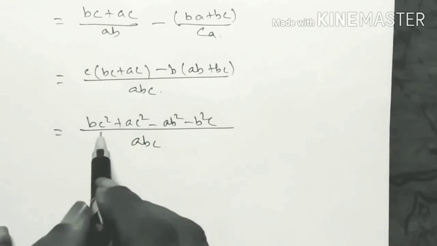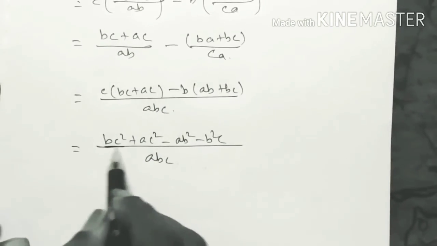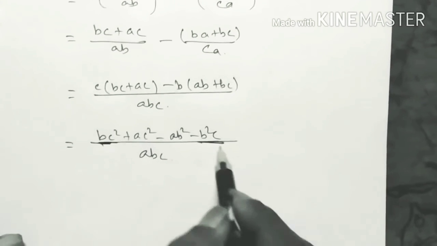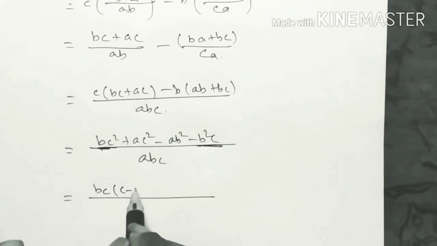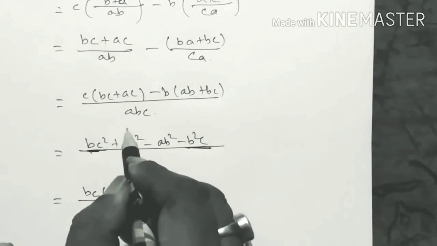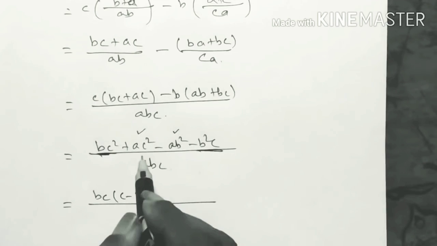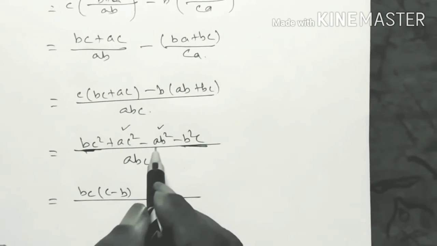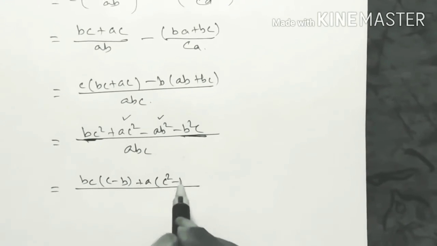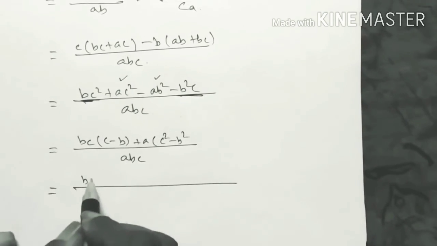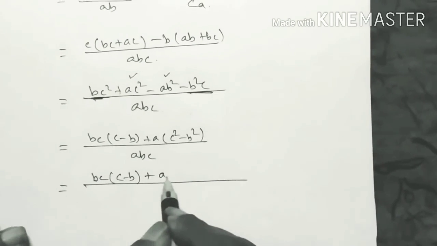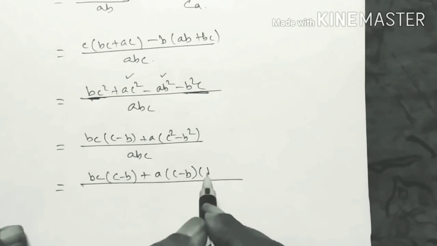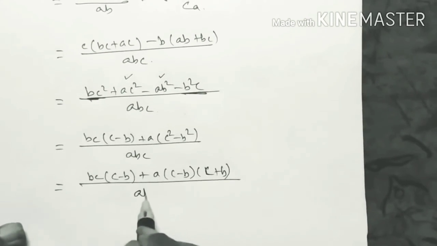Let me make some arrangement. This is this and this. Between this and this, the common is BC, C minus B, and between this and this the common is A, C square minus B square by ABC. This is equal to BC, C minus B plus A, C minus B, C plus B by ABC.